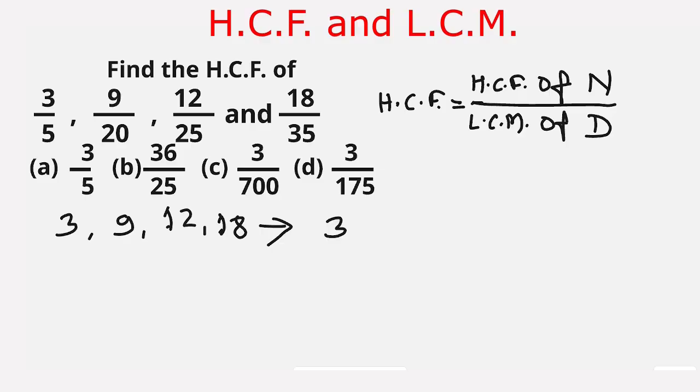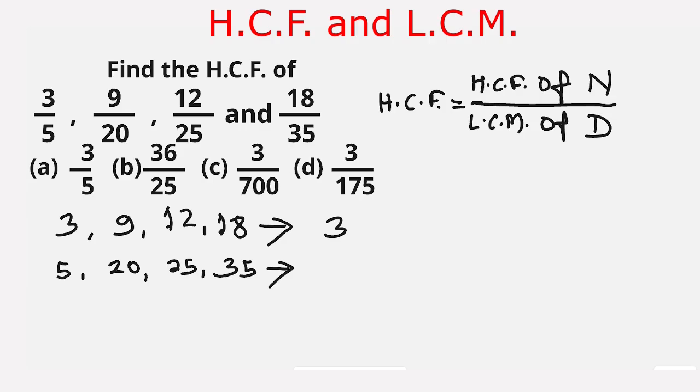Now we will find the LCM of denominator. The denominator numbers are 5, 20, 25 and 35. 5 is common in all these four numbers, and if we take 5 common from these, then we get 1, 4, 5 and 7.